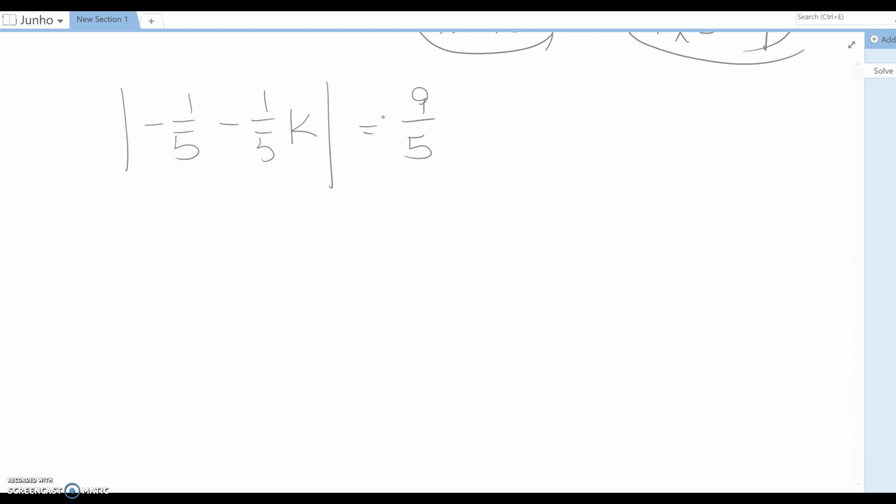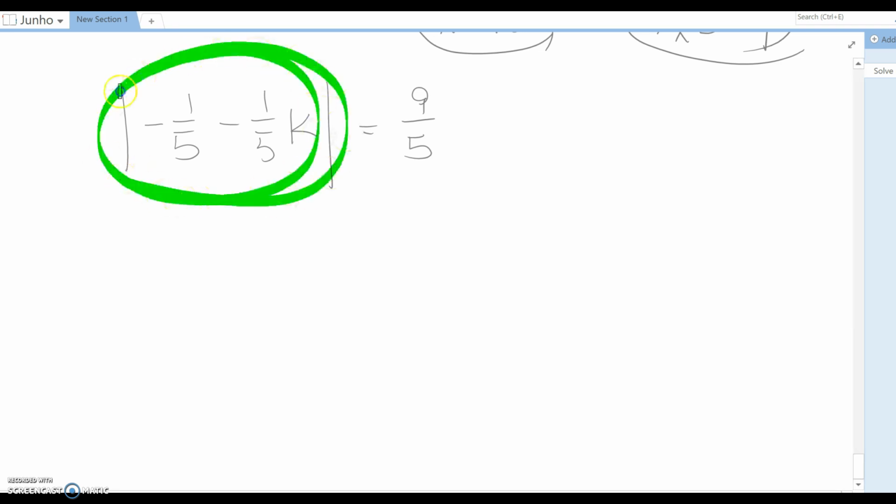Whenever we get a fraction problem, we try to make an integer equation from the fractional equation. However, in this case, before we do that, we need to define the absolute value. As we discussed before, we need to find out that the absolute value is 9/5 away from 0, right?